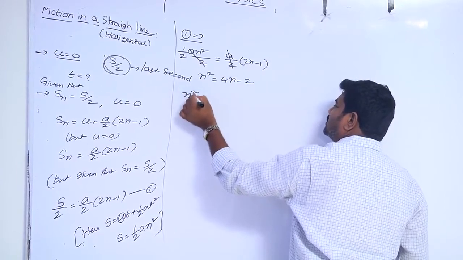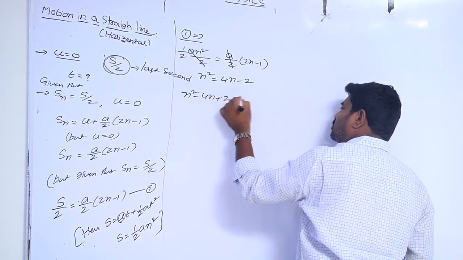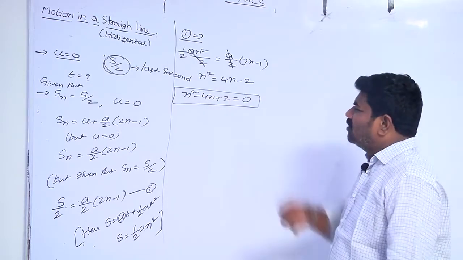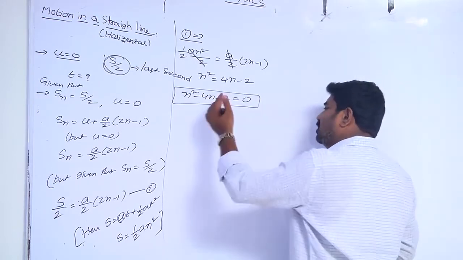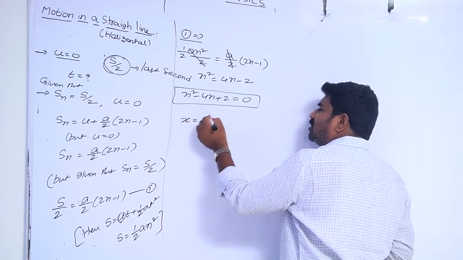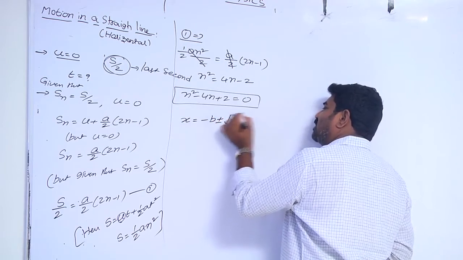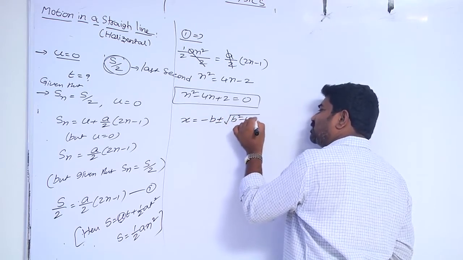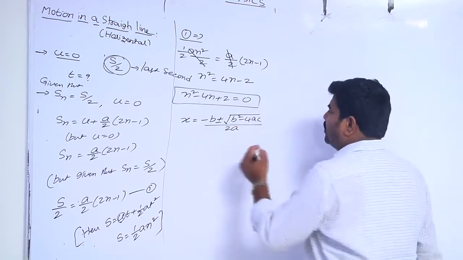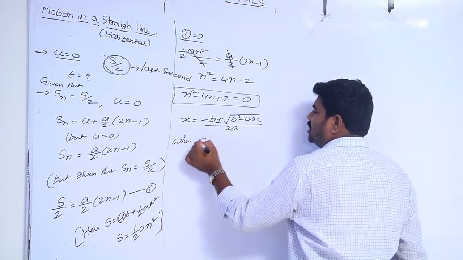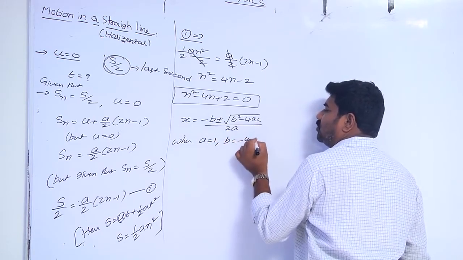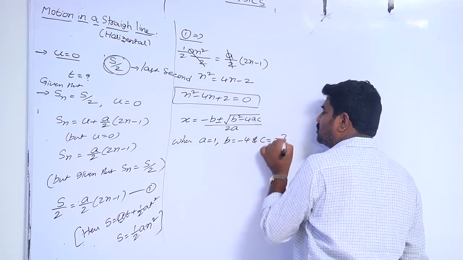So n square minus 4n plus 2 is equal to 0. This is a quadratic equation. Now we want to find the n value. Here, what is the formula for the roots of the equation? x is equal to minus b plus or minus under root of b square minus 4ac, by 2a, where a is equal to 1, b is equal to minus 4 and c is equal to 2.